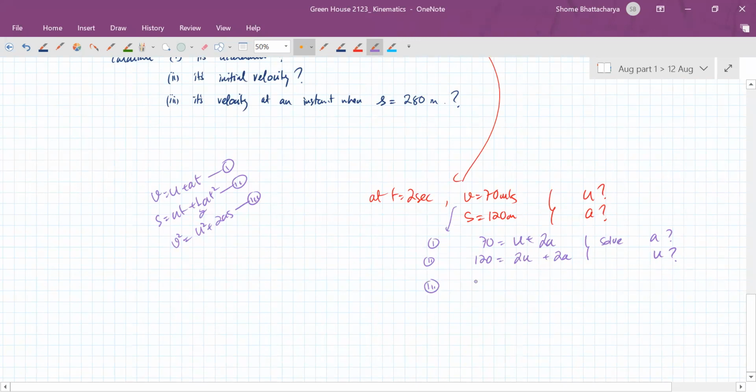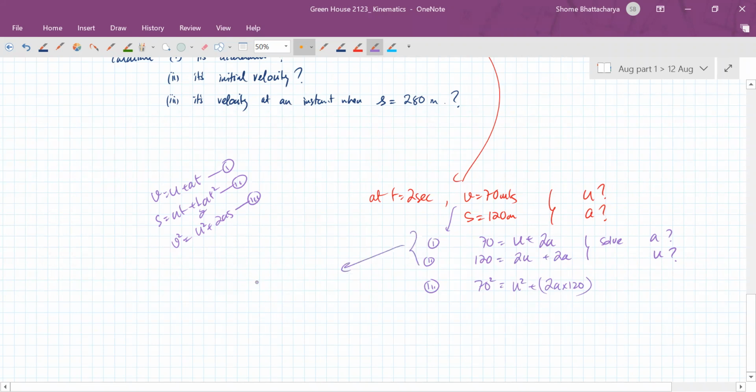In the third equation, 70 square is equal to u square plus 2 a into 120. This part will be more lengthy if you use first and third, because it's a quadratic equation in u. So it is better that you solve these two.